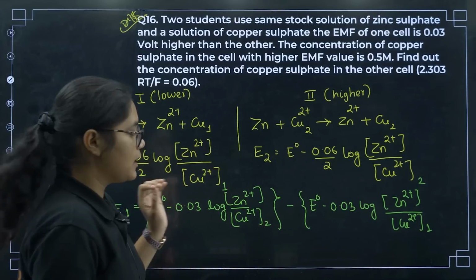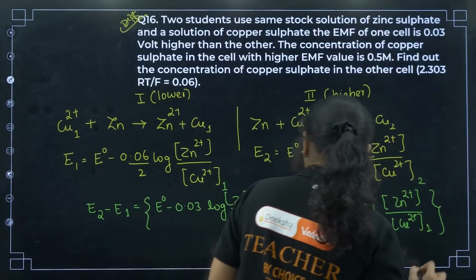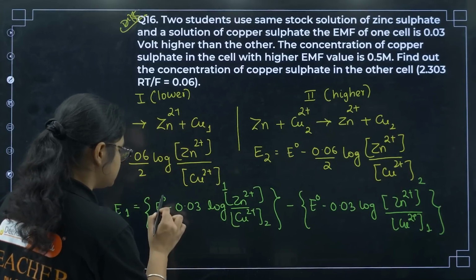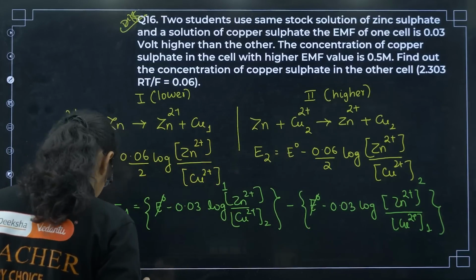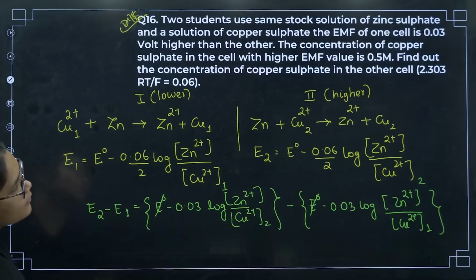This is clear. Now what will happen here? You can say this E0 value and this E0 value will cancel out, right?